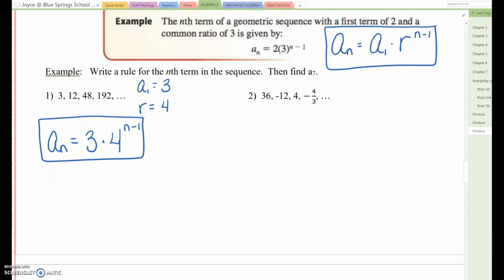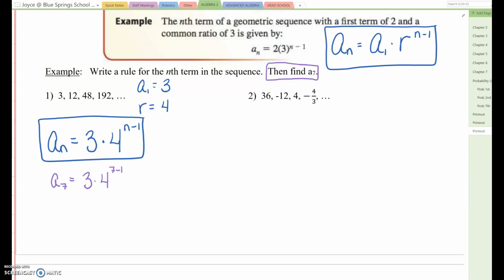And that's it. We have our rule for this geometric sequence. Then find A7. This means we need to find the 7th term. So we plug in 7, 3 times 4 raised to the 7 minus 1.